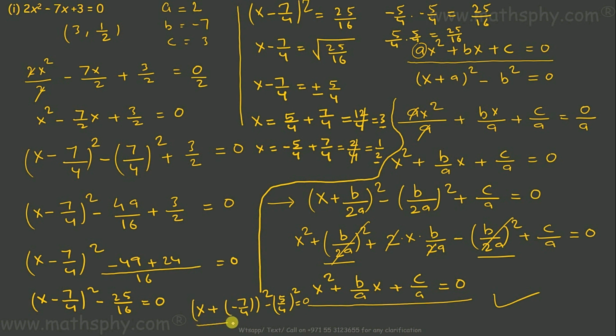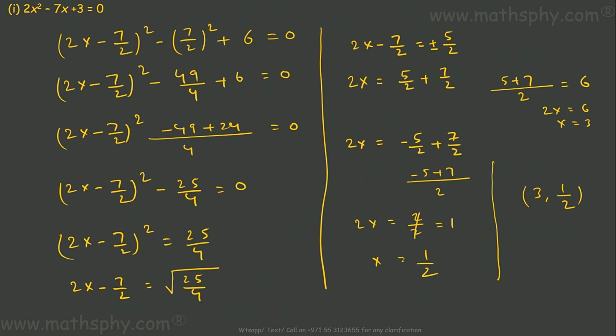This piece here is this minus this piece here, 5 over 4 whole square. When this equation is converted to x plus a whole square minus b square equals to 0, I could find out these roots here.